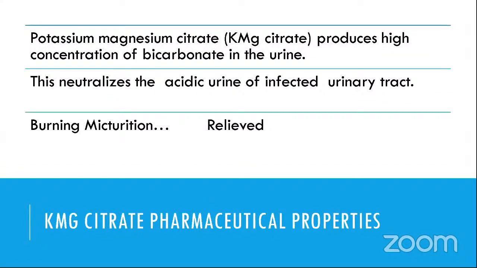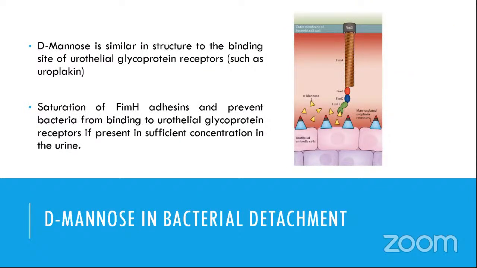Potassium magnesium citrate, an alkalizer, produces a high concentration of bicarbonate in the urine, countering the acidic urine of the infected urinary tract. D-mannose is similar in structure to the binding site of urothelial glycoprotein receptors, such as uroplakin.